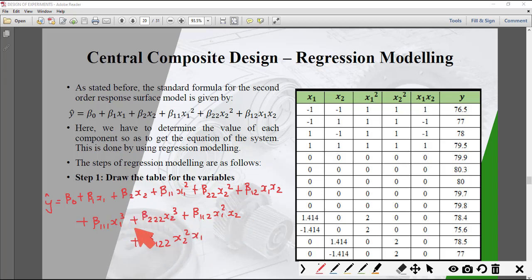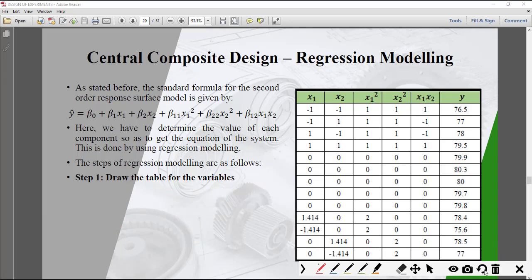As you can see, the number of terms is very large and the calculation becomes very difficult. That is why we do not go for a third order response surface model and we limit ourselves to second order response surface model.